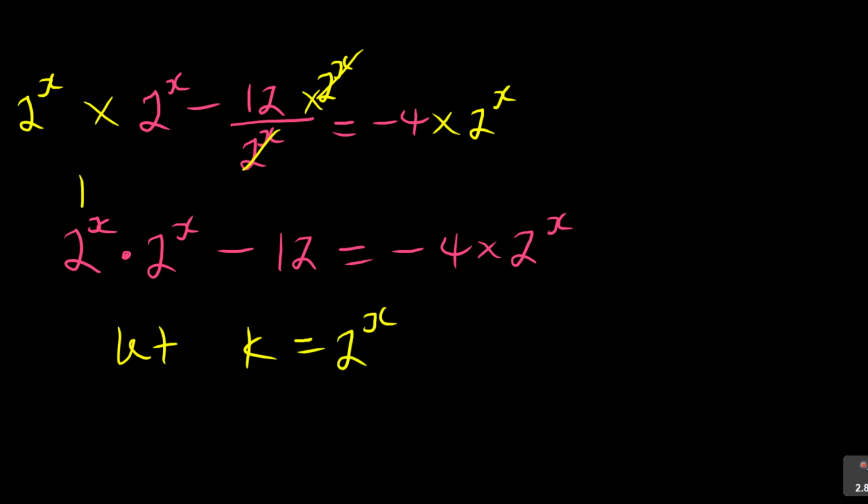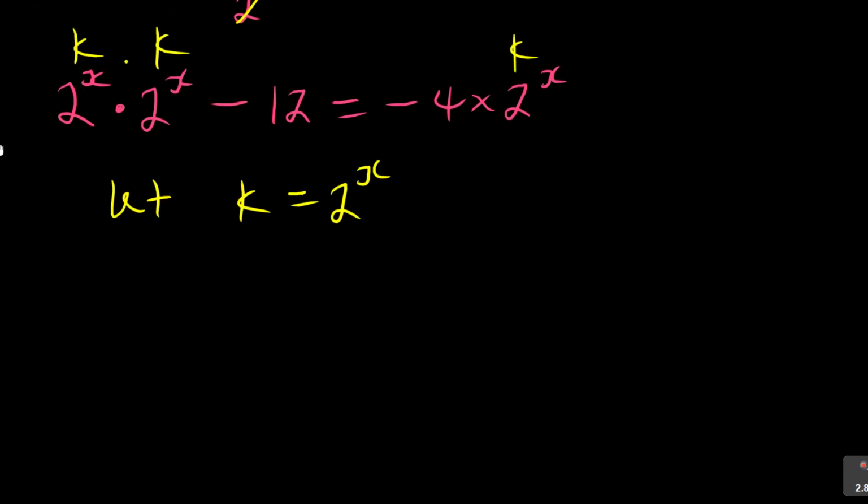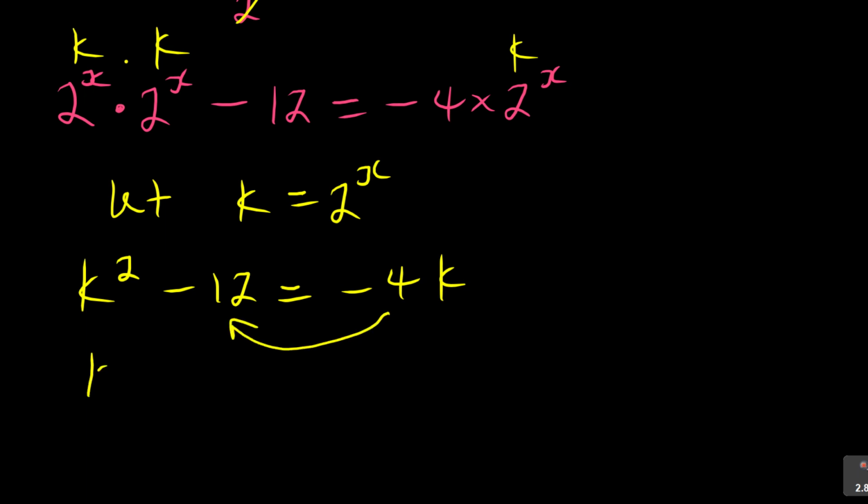Meaning where there is 2 to the exponent x, we put K. See that? So what will you have? Now K times K, I will have K squared minus 12 is equal to minus 4K. Then take minus 4K to the other side. I have K squared plus 4K minus 12 equal to 0.